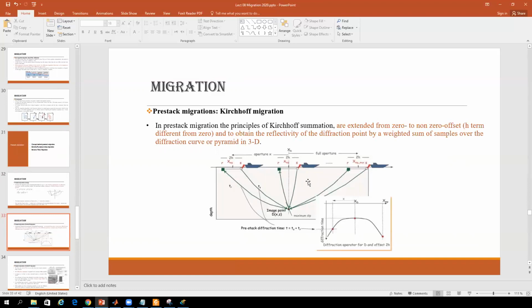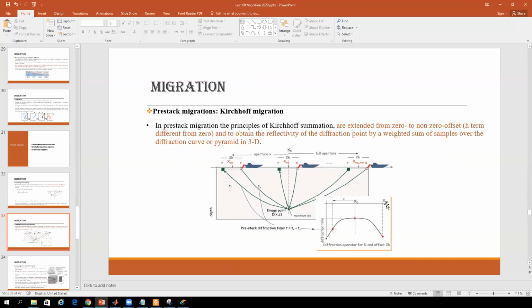Now in the Kirchhoff migration, or the pre-stack Kirchhoff migration, we have almost the same thing. We have seen already that we are assuming that every seismic event is a kind of an unlimited number of diffraction points, and every diffraction point is creating diffraction curves.